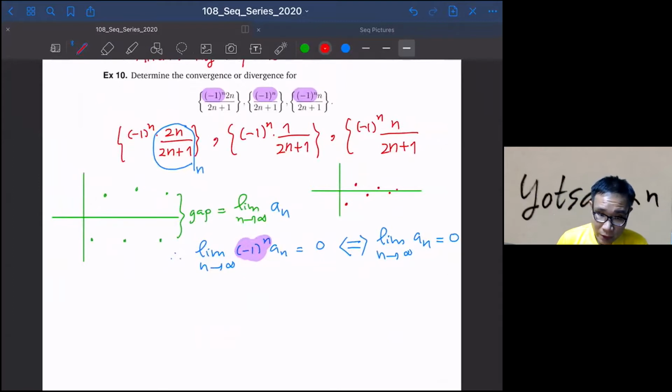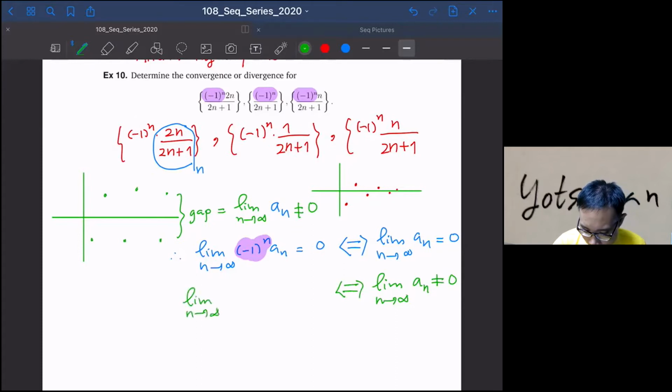However, if the limit as n goes to infinity of a_n is not equal to 0, it implies that this limit does not exist.